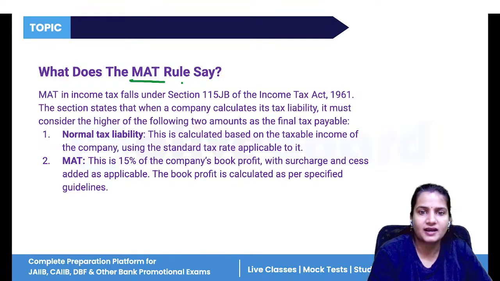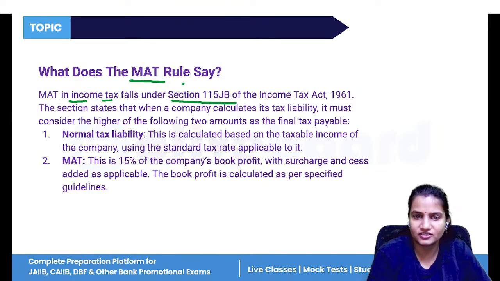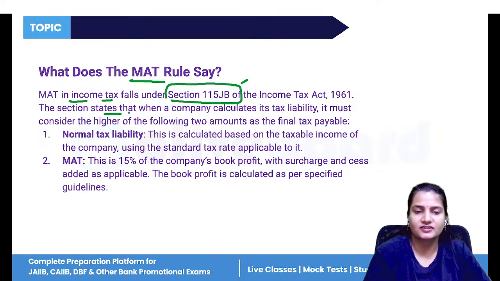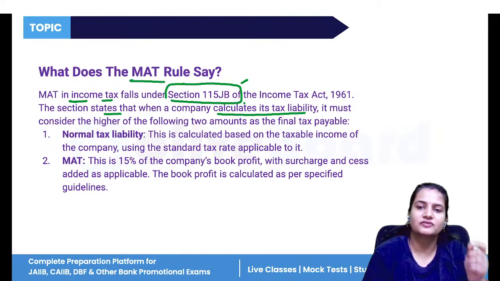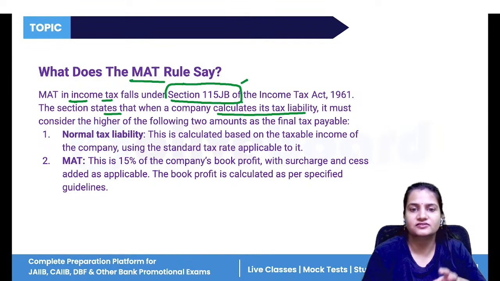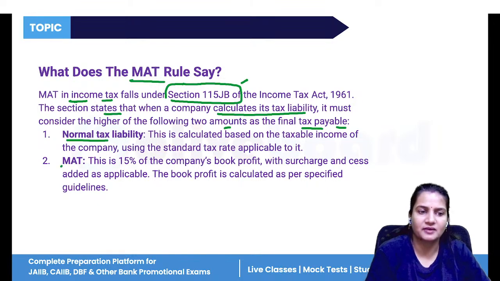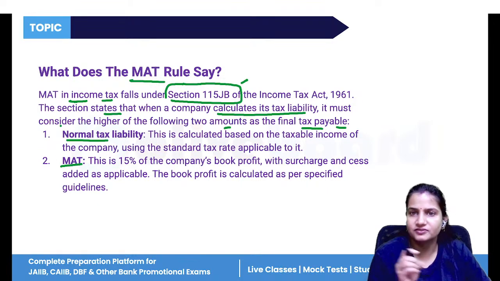So what does the MAT rule say? MAT in income tax falls under Section 115JB, important. This section states that the company calculates its tax liability, and the higher of the following two amounts would be the final tax payment. So normal tax liability and MAT, whichever is higher, the company has to pay that amount.